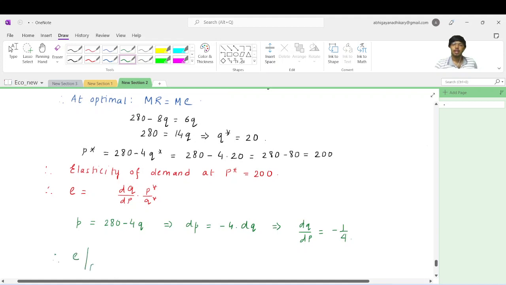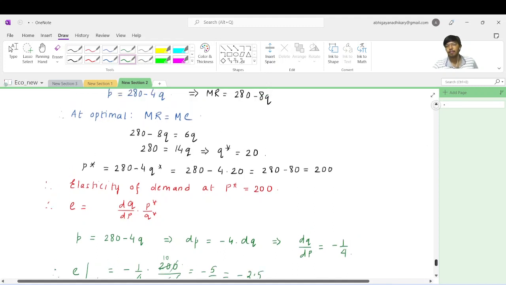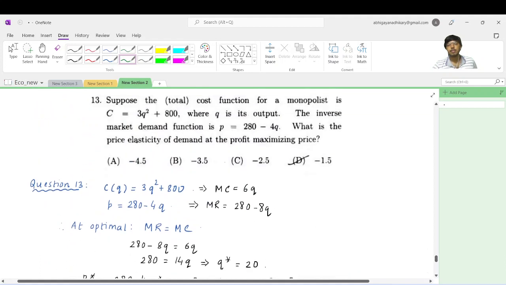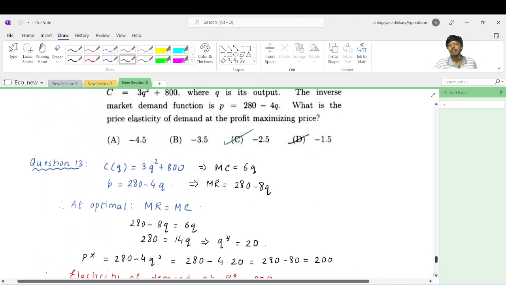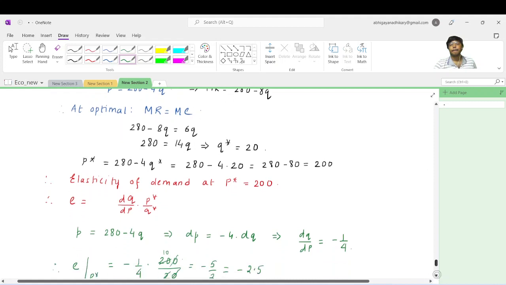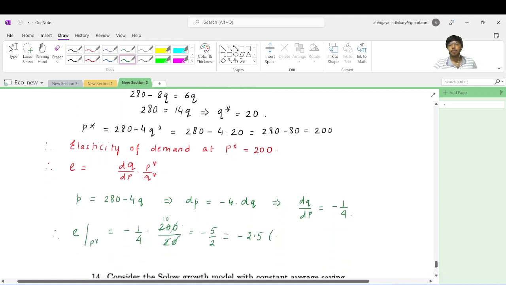Therefore, elasticity at P star is what? dq by dp is minus 1 upon 4, P star is 200, Q star is 20. So minus 5 by 2, which is minus 2.5. So if we look at the options, it's coming out to be option C.